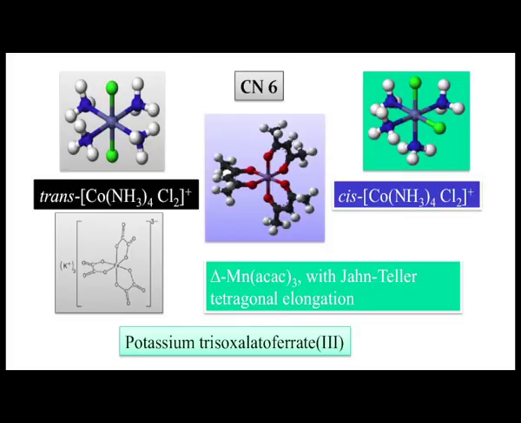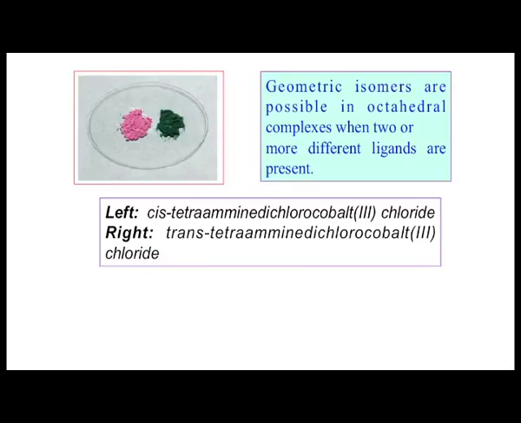If we find that 4 of them are in close range and 2 of them are longer, and we consider that this particular plane is a tetragonal plane, then the bond above the tetragonal plane is longer and the bond below the tetragonal plane is also longer. So, the nature of the elongation is tetragonal elongation. Based on a tetragonal plane, one bond is longer and the other bond is also longer with respect to the other manganese oxygen bonds.